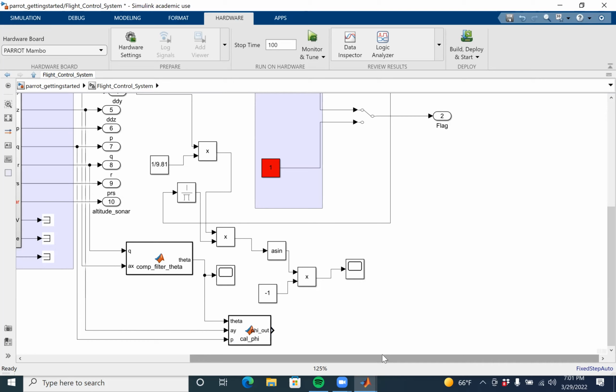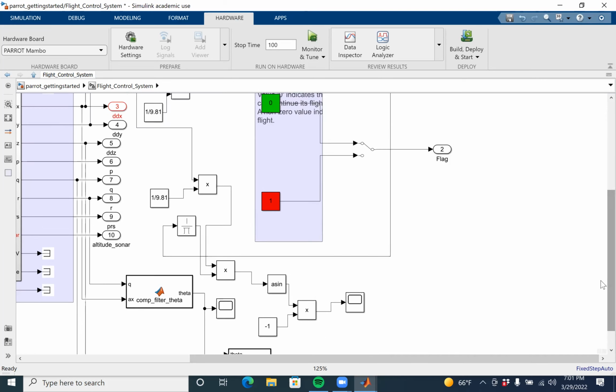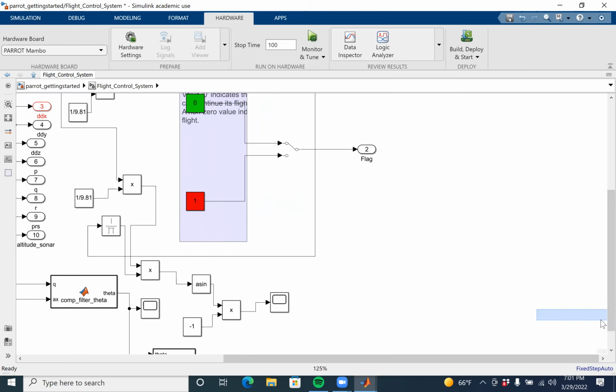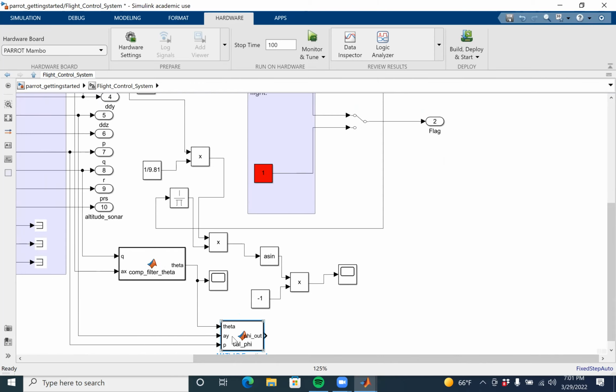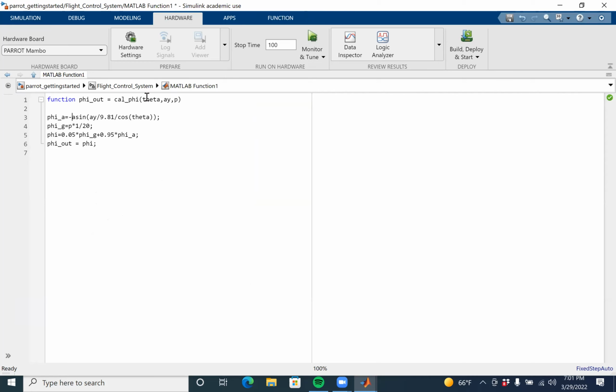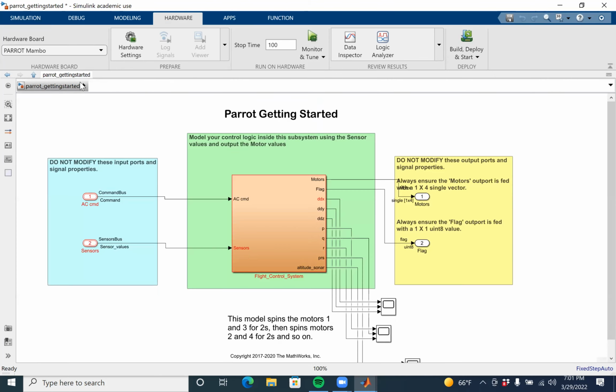Did I make a mistake? Yeah, P is connected to P, right? Out is written below, right? Okay, let me see. So first theta. Theta is connected to theta. AY is connected to DDY. DDZ? No. Oh, it's connected to DDZ?